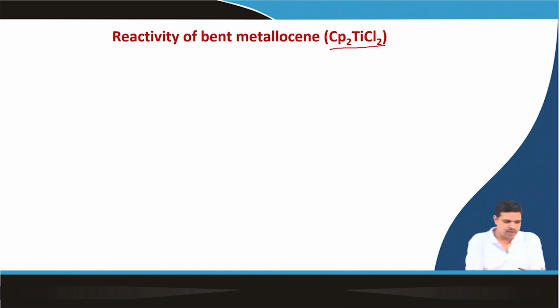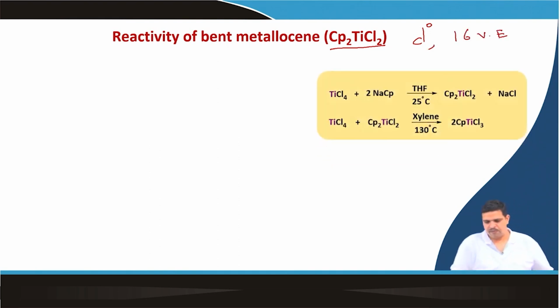So first we will discuss the Cp2TiCl2, that is actually the d0 system, as I told, and it has 16 valence electrons. Okay, how to synthesize? Very easy, as, if you remember, the synthesis of ferrocene.